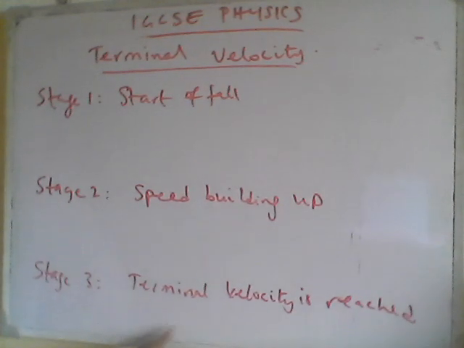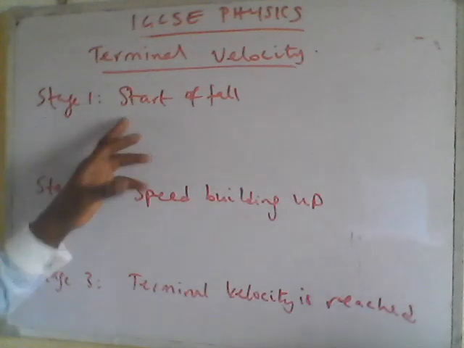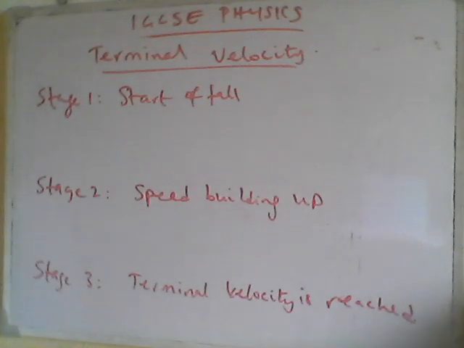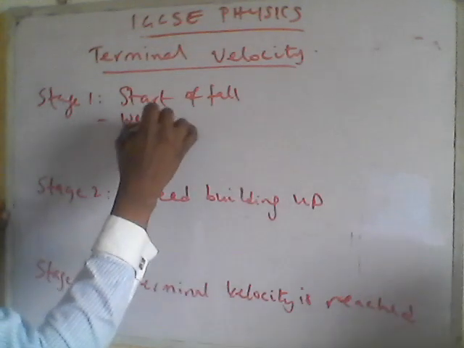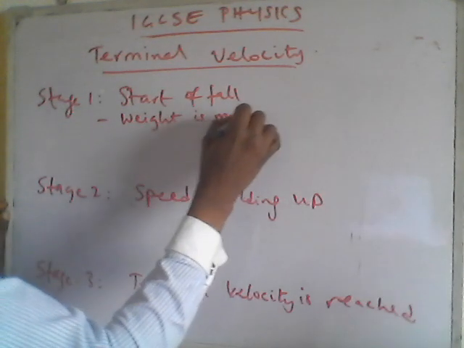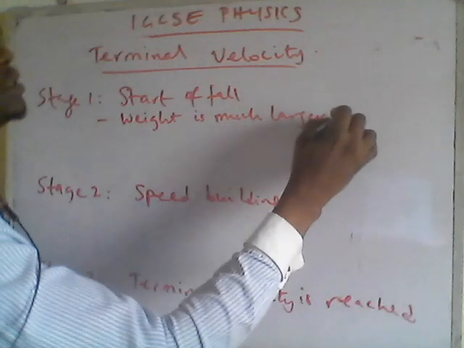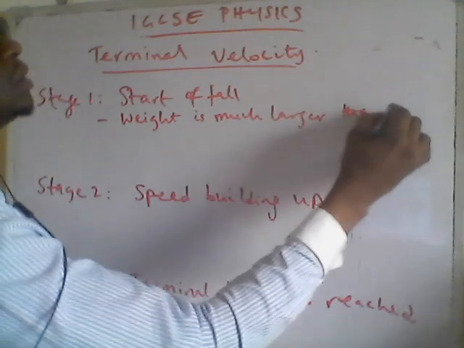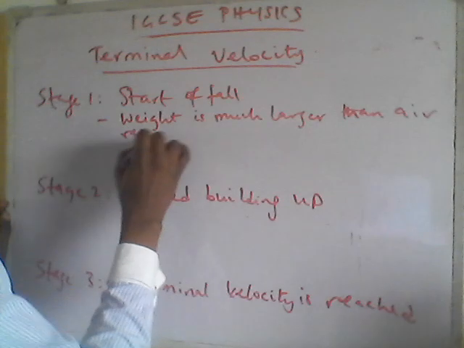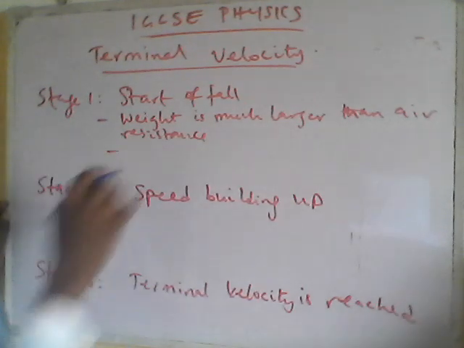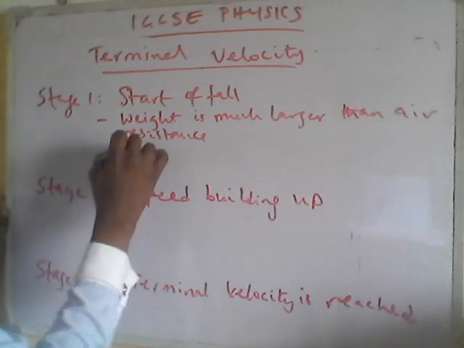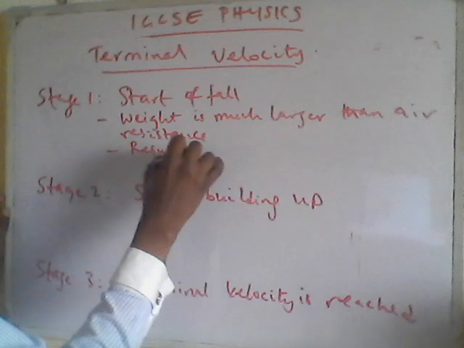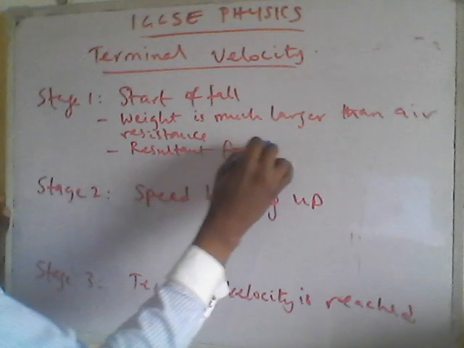Now, what are the things that happen in these stages? When the body starts falling, the first thing that we observe is that the weight is much larger than air resistance. Second thing is that the resultant force is downward.